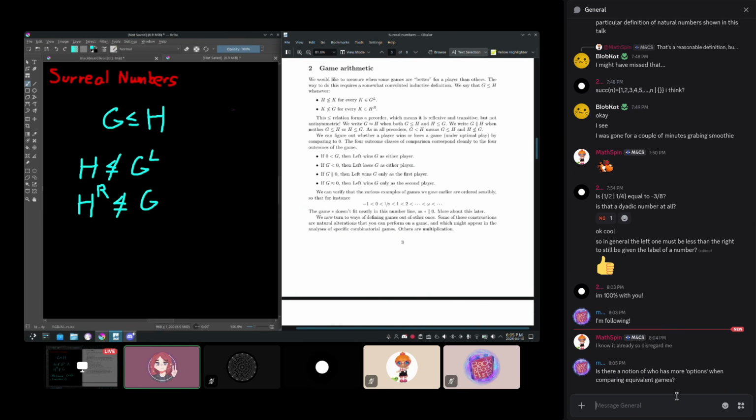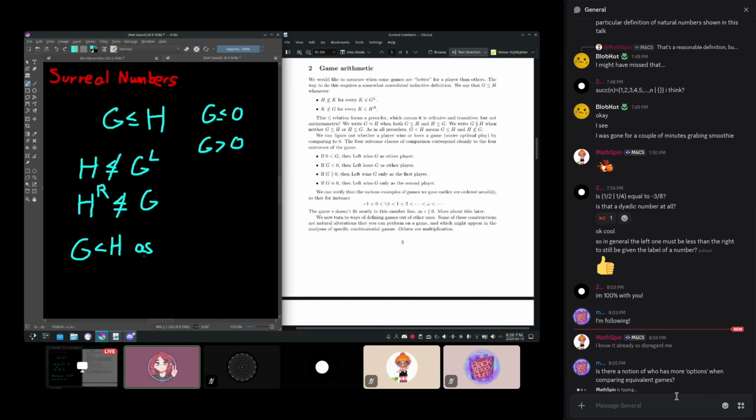Let's do that. What does it mean for a game to be less or equal to 0? Or what does it mean to be greater than 0? I should explain what greater even means. G less than H, we'll generally define as less or equal but not equal.